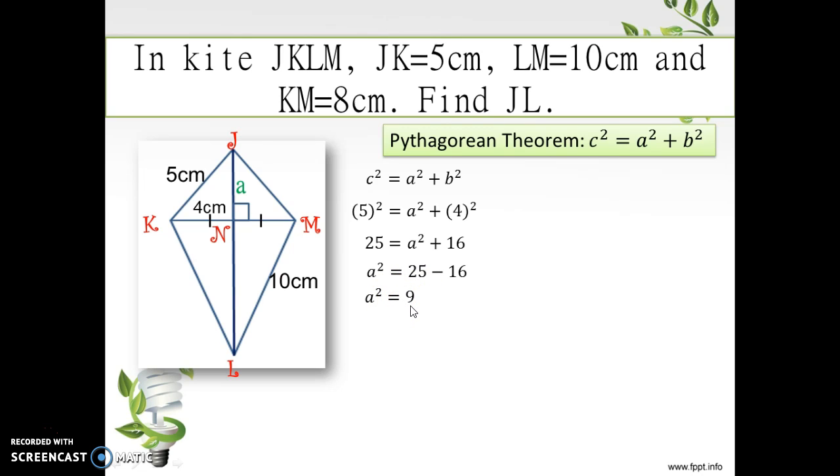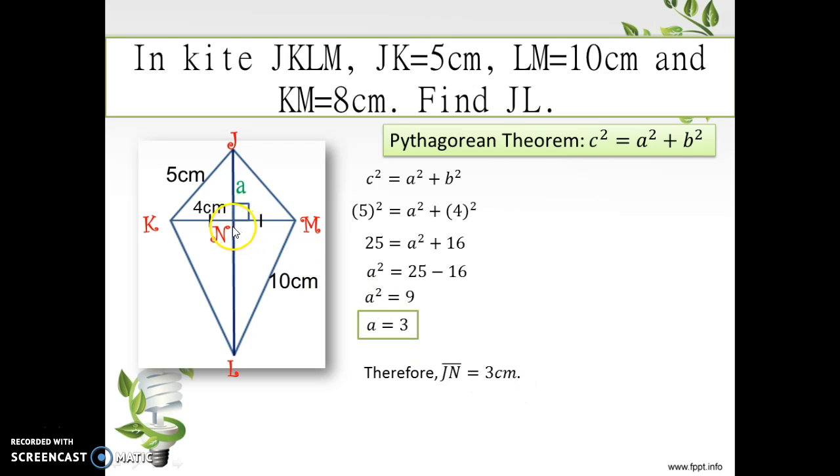So extracting the square root, we have A equals 3. We ignore the negative 1 because there's no such negative distance. So therefore, we can say that line segment JN is equal to 3 centimeters.